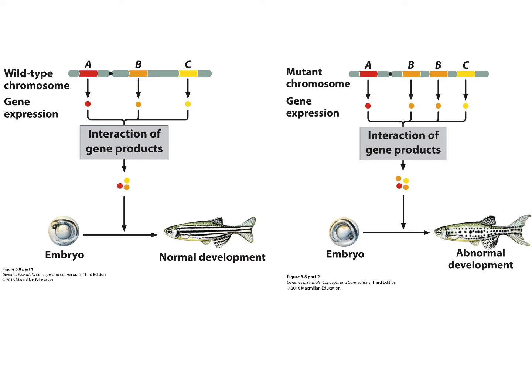And during embryonic development, those gene products interact in a different way now because there are different protein products present and produce a different phenotypic effect on the fish. We don't see that striping pattern like we see on the left-hand side, but more of a spotted pattern overall. And this, again, is a documented case of duplication and divergence.